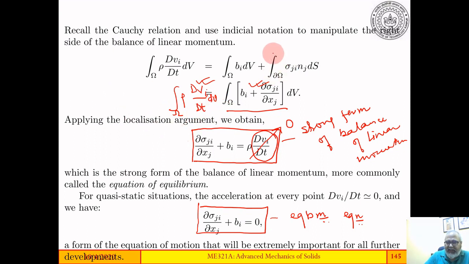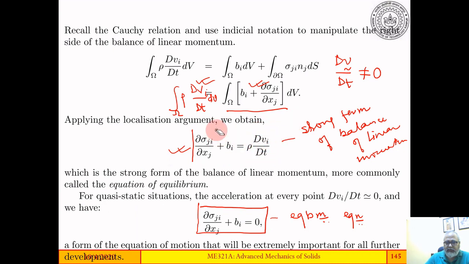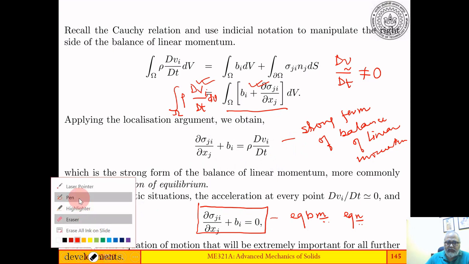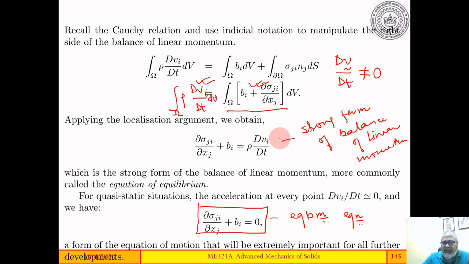Okay, now just a small point. If the accelerations on the right are not equal to 0 or not small, then you have to satisfy this equation. The nature of this equation is significantly different from the nature of this equation that you use when the accelerations are small.